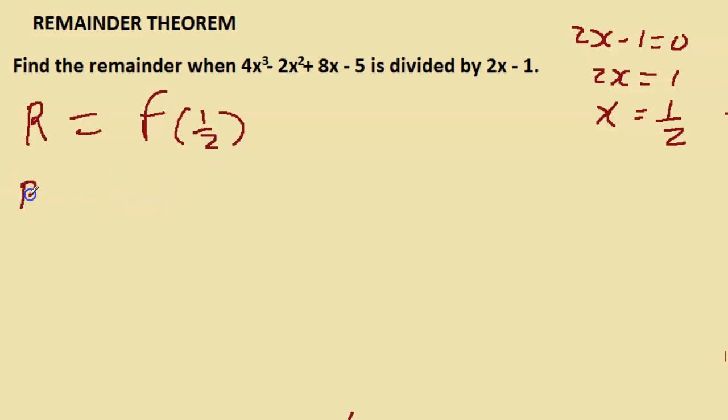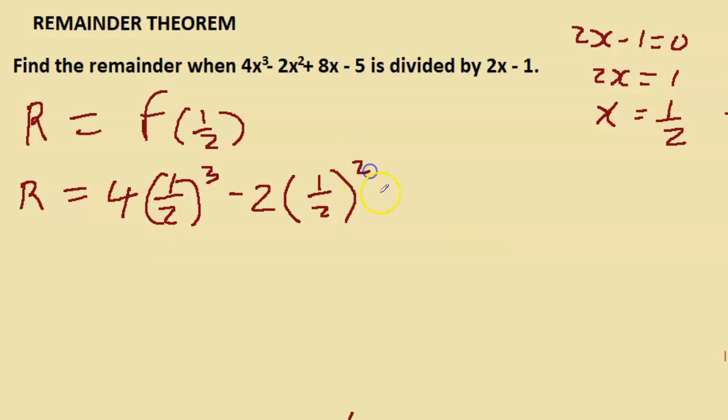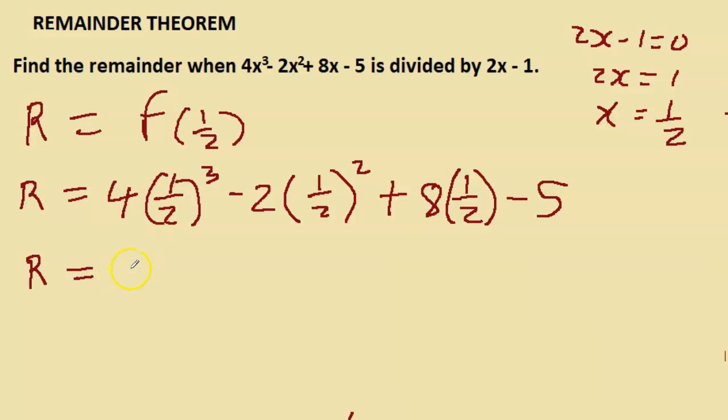So the remainder is f of half, which means we're going to replace the x values with half. So 4 times x cubed becomes 4 times half cubed, minus 2 times x squared, so 2 times half squared, plus 8 times x, so that's 8 times half, minus 5. So now we'll have 4 times half to the power of 3, that's half times half times half, that's 1 over 8, right? So it's 4 times 1 over 8, agree?